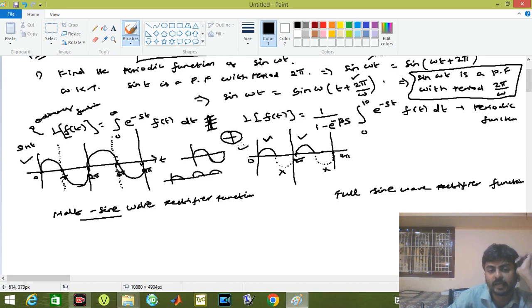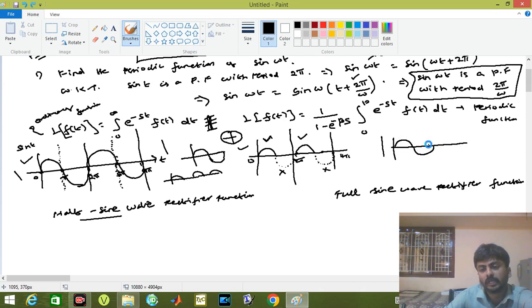If I take the modulus of this graph, that is, I am considering only the positive function, so instead of sine omega t I am considering modulus of sine omega t. My curve will become, instead of one positive and one negative forming one cycle, another positive and another positive.